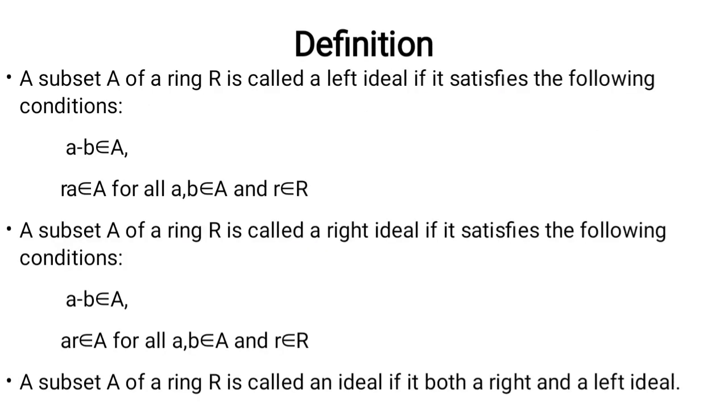The next definition which we're introducing is what we call an ideal. What is an ideal? If you have a subset A of a ring R, it is called a left ideal if it satisfies these two conditions.